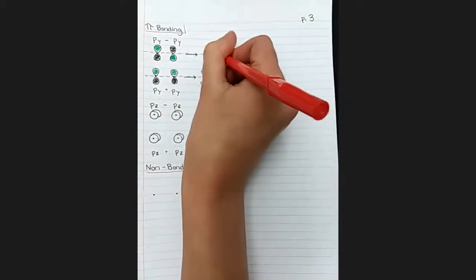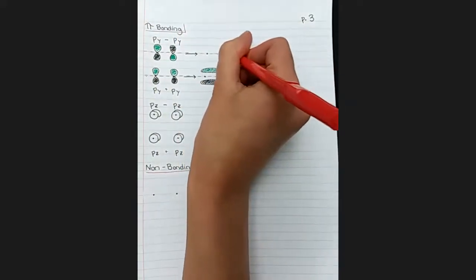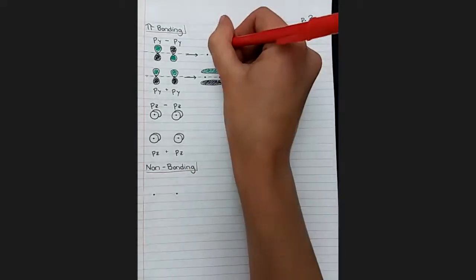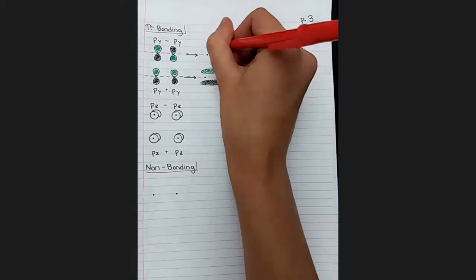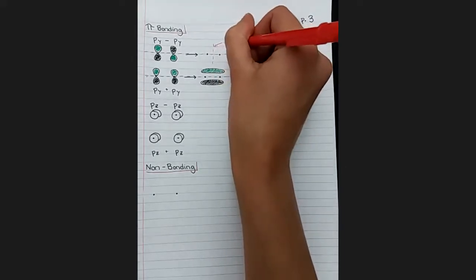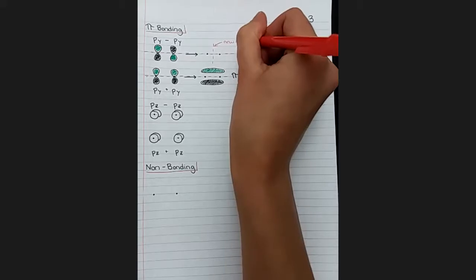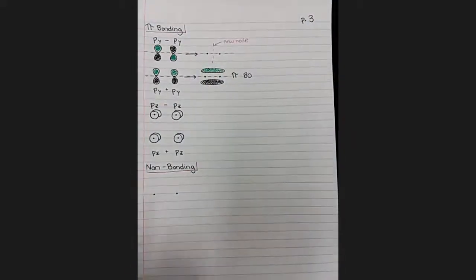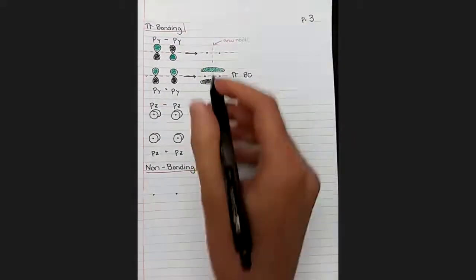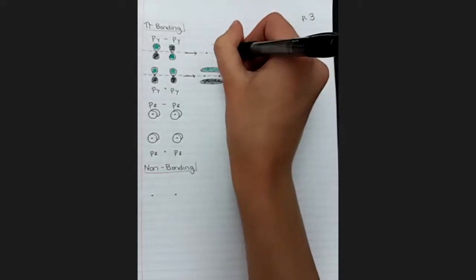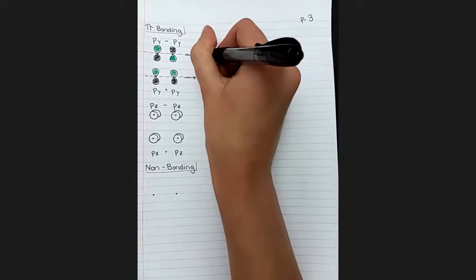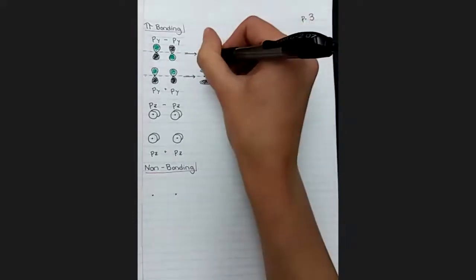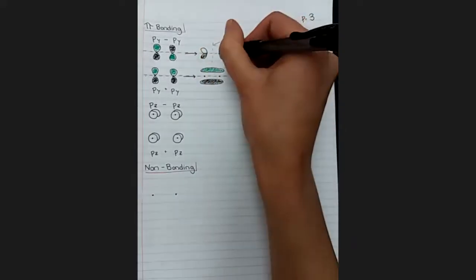So not only are we going to have that angular node down the middle that we always have, we are going to create a new node straight down the middle of the molecule, exactly where we wish a bond would be. And as for the orbital lobes, they look a little bit silly. Basically, they are pointing as far away from the other atom as they can stand to get, with the same color shading as before.